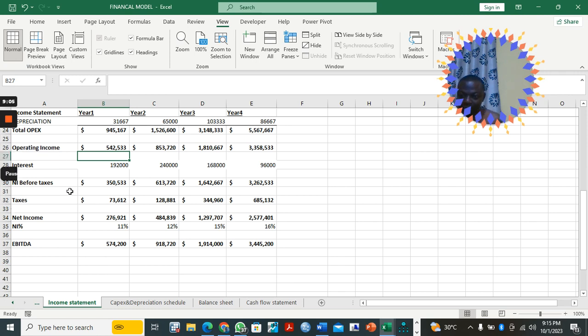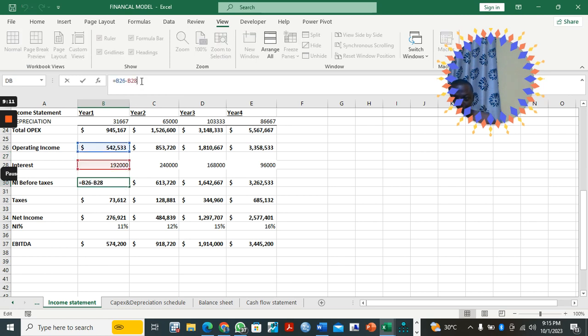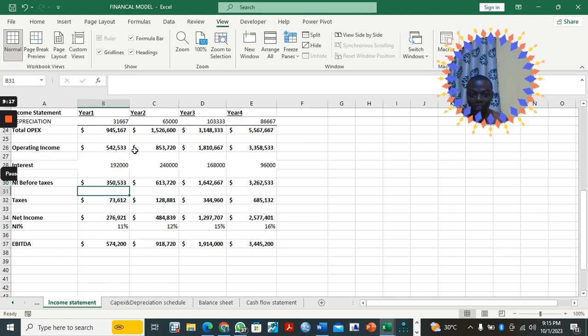So we come to net income before taxes. Your net income before taxes is simply operating income minus interest payment. What remains is your interest expense.